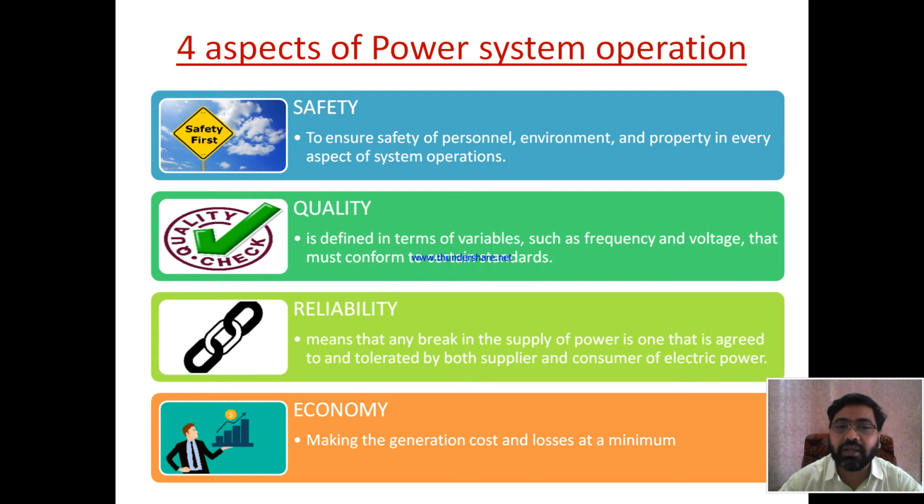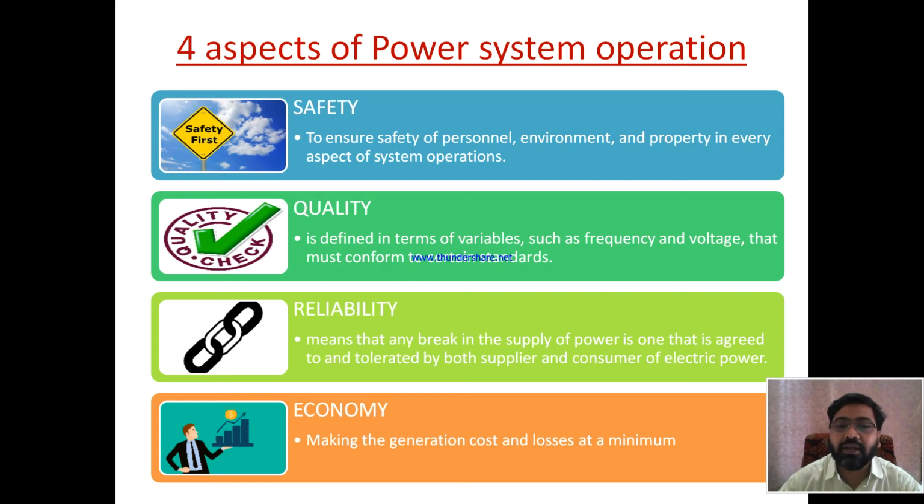Then the quality: frequency and voltage output of the power generators should always conform to certain standards. You cannot allow frequency and voltage to change widely. There are some limitations on frequency and voltage deviations, so that you have to correct. Reliability.